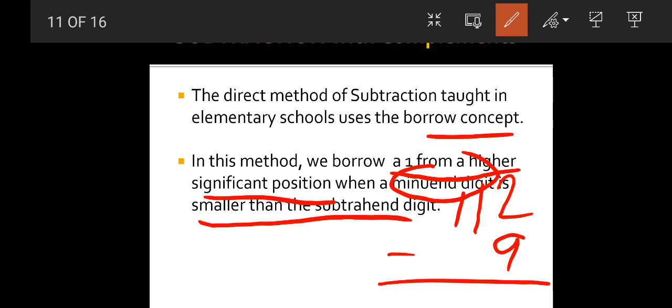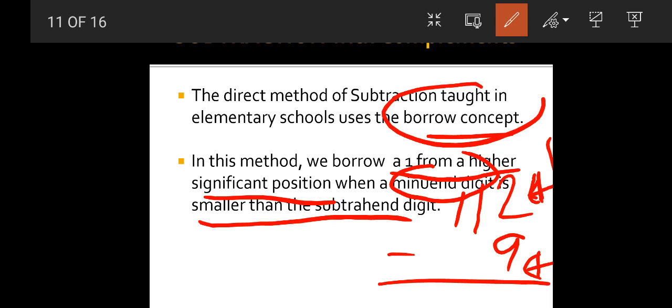The example is 112 subtracted by 9. You can see your minuend digit 2 is smaller than your subtrahend 9. So you have to apply the borrow concept, which is to borrow 1 from the higher significant position.